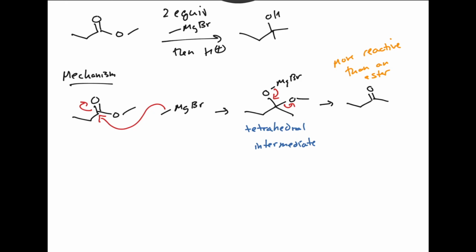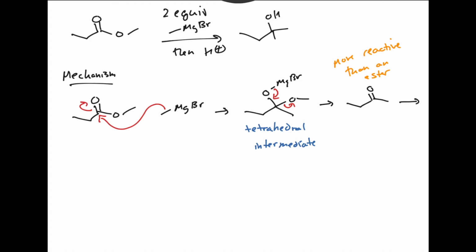So you make the ketone, and now you're making the ketone in the presence of your Grignard reagent. So as soon as you make this ketone, the next Grignard reagent reacts with the ketone. It ignores the ester because the ketone is more reactive. It's just easier to react with the ketone than it is to react with the ester, right?